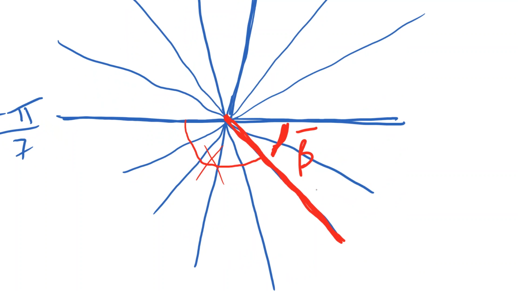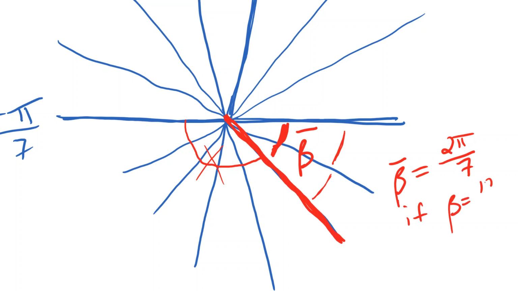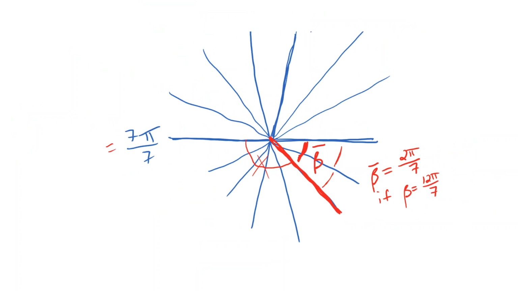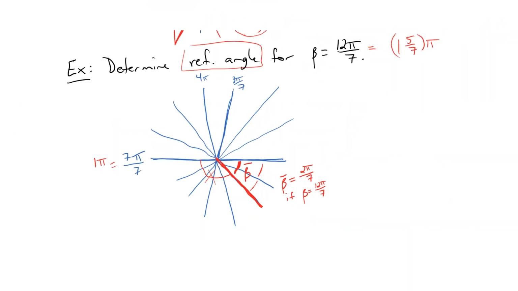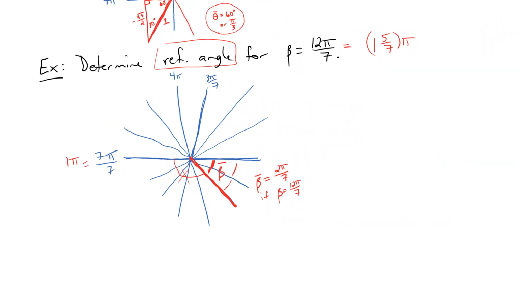Well, you can literally see, because we've cut this into pi over 7s, this is 1 pi over 7, this is 2 pi over 7. So beta bar is 2 pi over 7 if beta is 12 pi over 7. Okay, so that's a reference angle when you're dealing with an angle that's not as common.